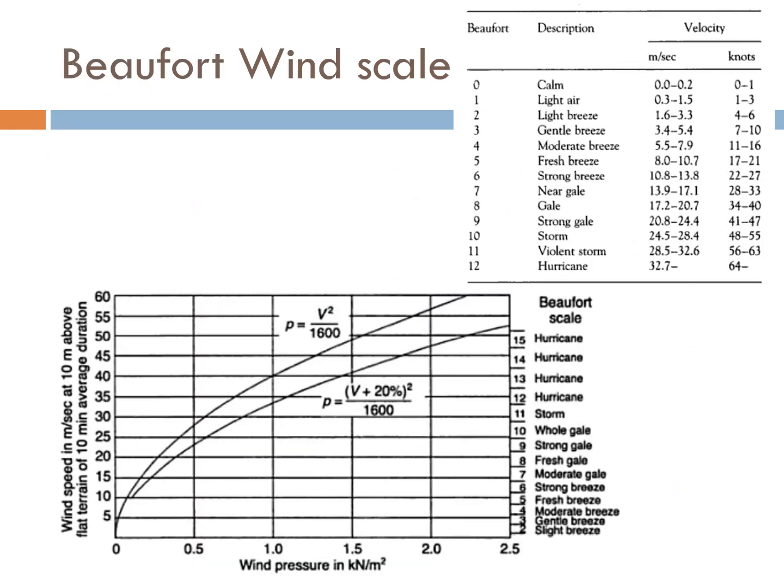The Beaufort wind scale is used to define the different categories of wind. For example, here what we are looking at is the scale ranging from 0 to 12, 0 for calm, 1 for light air, and so on until 12, which is basically a hurricane. And each of these different categories of wind is defined accordingly based on their velocity, whether it's measured in terms of meters per second or knots.